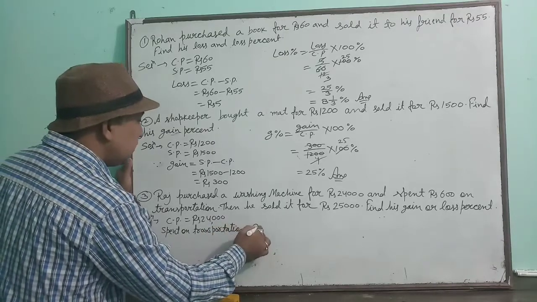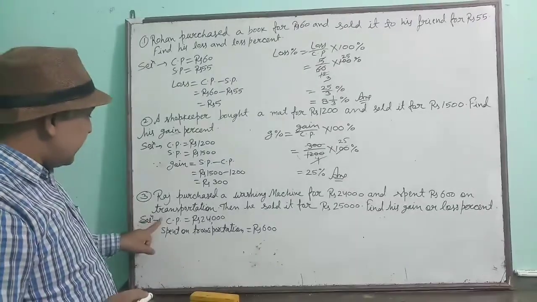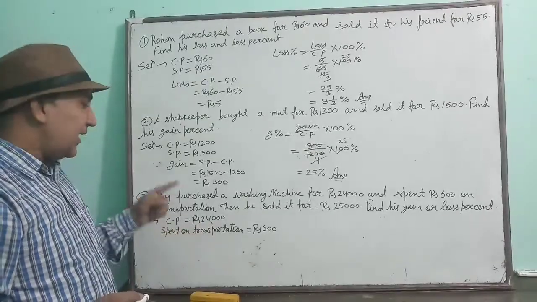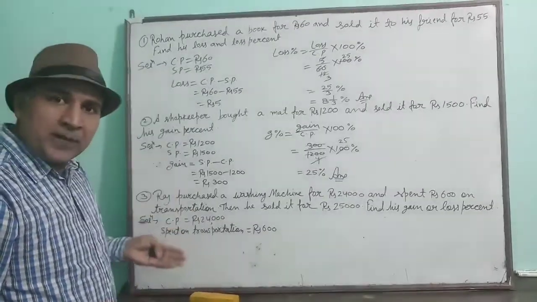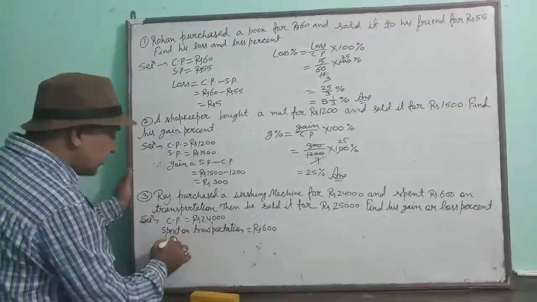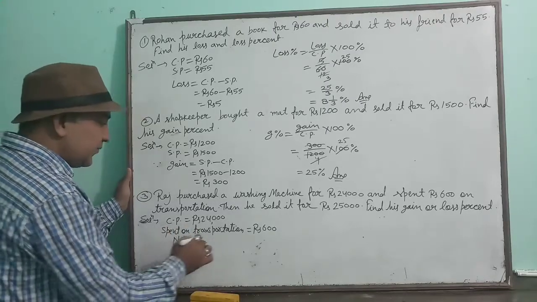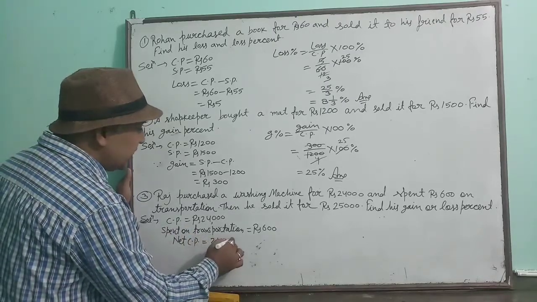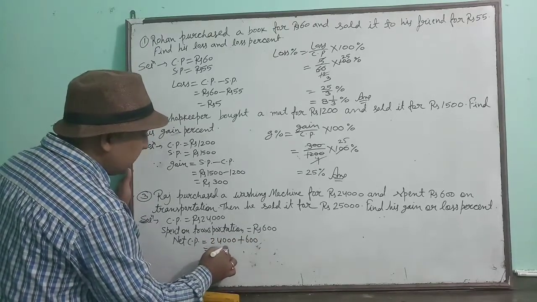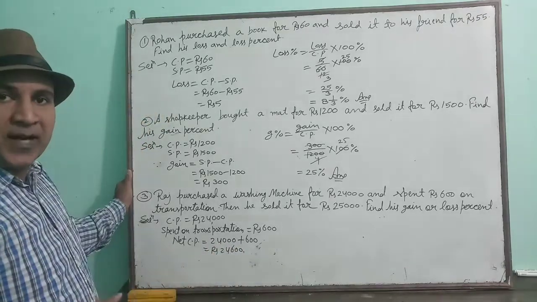Children, you have to remember, if other than cost price something more is spent, either on transportation or on repairing or for accessories, then that money is added to the cost price and then we get the net cost price. So here the net cost price will be 24,000 plus 600, which means 24,600. This is the net cost price.